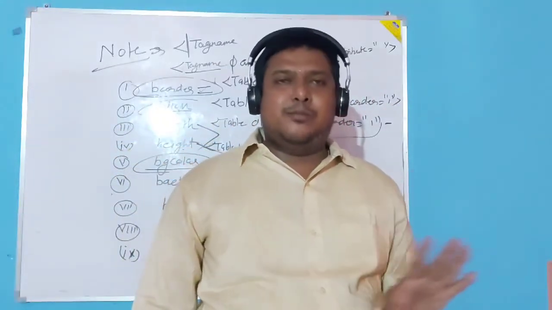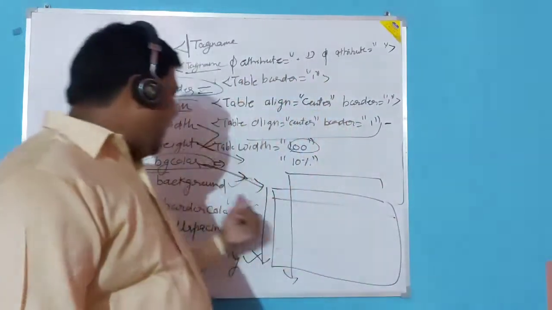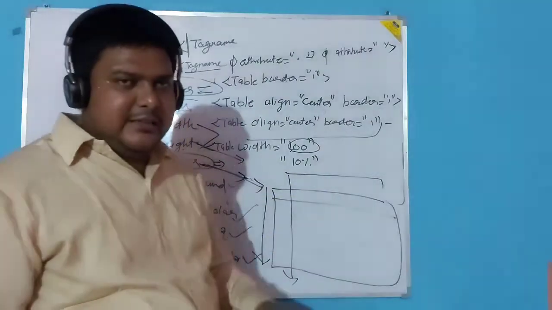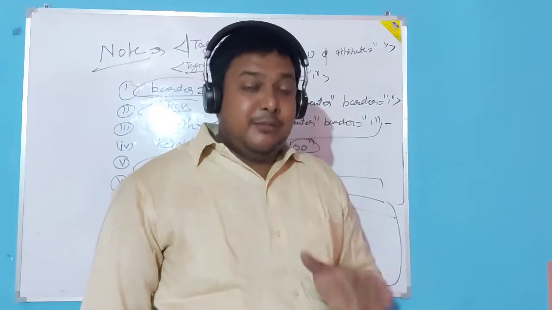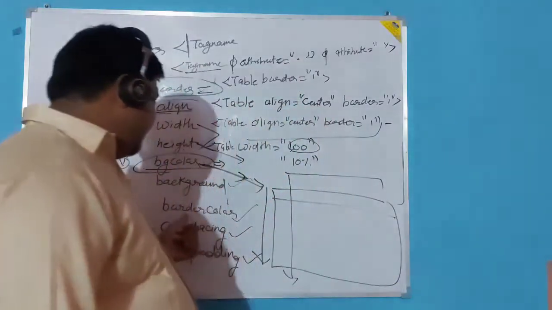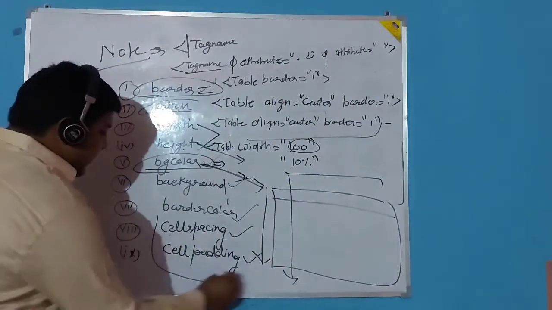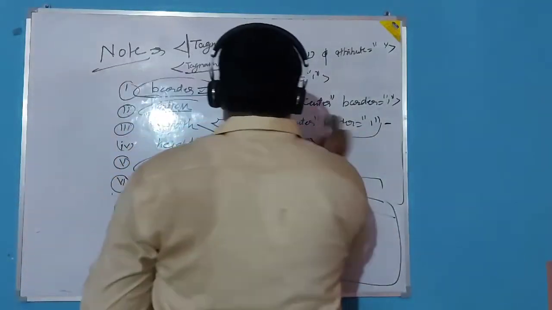Then the location problem is removed, you only have to use the image name and extension. So we have background. Now we have border color: whatever borders we are displaying, if we want, they may come in a specified color, so we can use border color here. Now the very important topic is cell spacing and cell padding. So I will explain it.